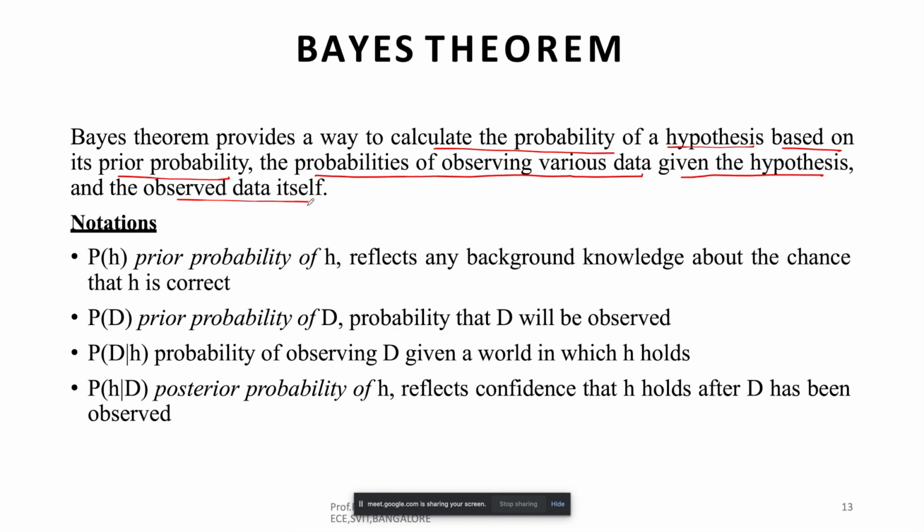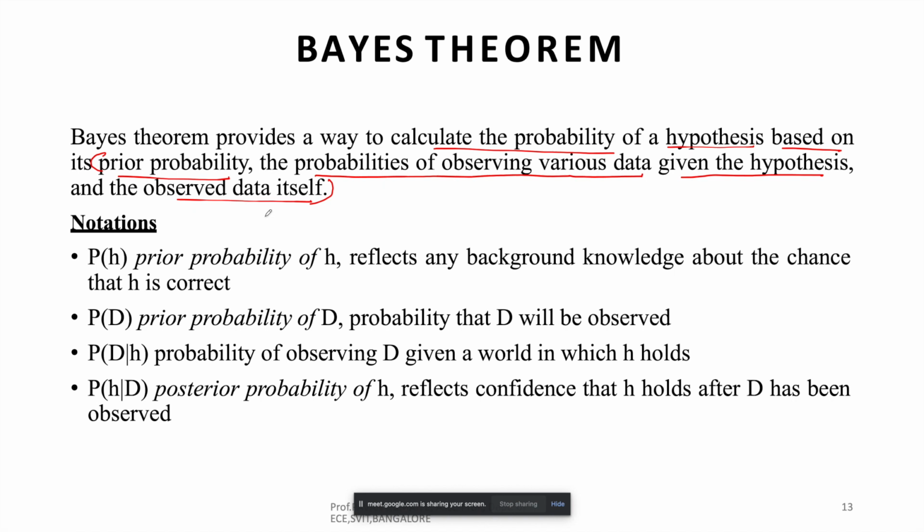Observing, observed. Observed means prior knowledge you should already have, and observing means the second time, when you are feeding the data. So these things are very, very important. These points give you a lot of marks in the exam. Okay, I hope you will remember.